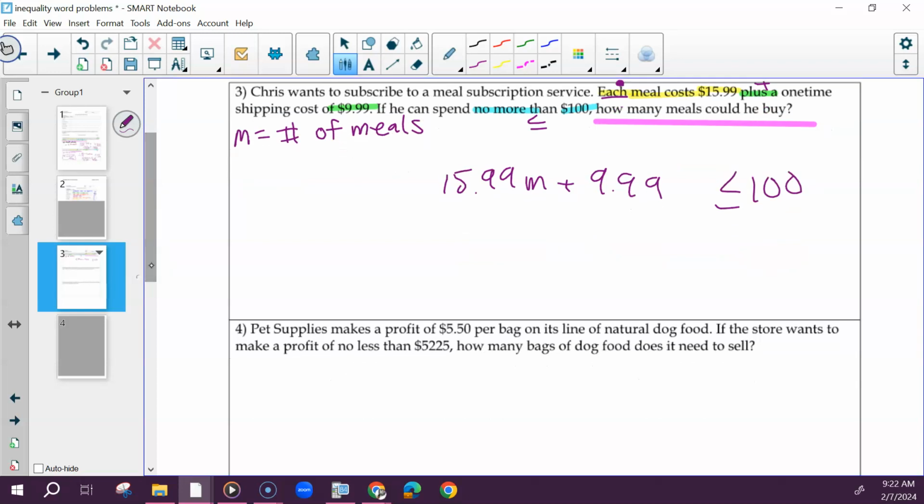Alright, so let's go ahead and solve that. When we divide, what do we get? It's going to be a decimal again.